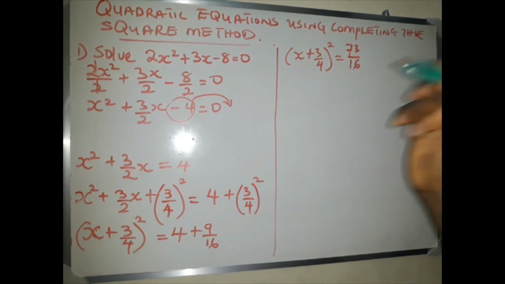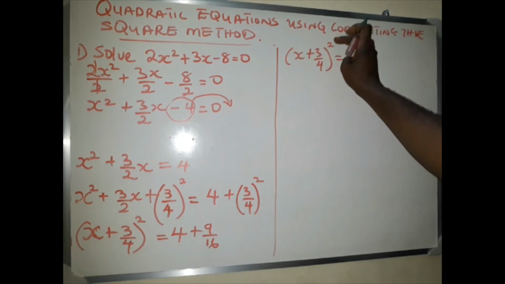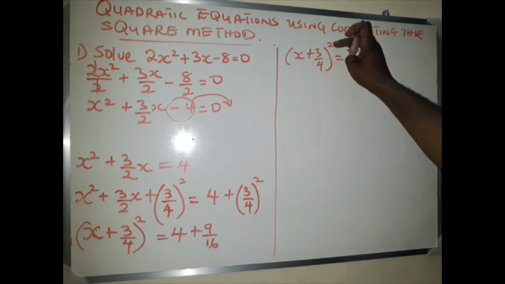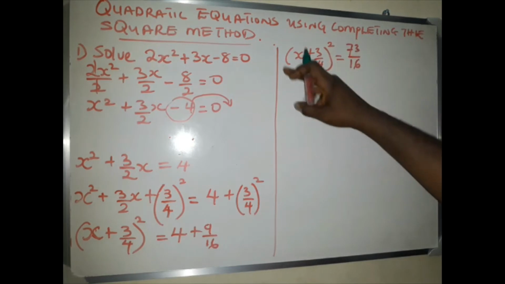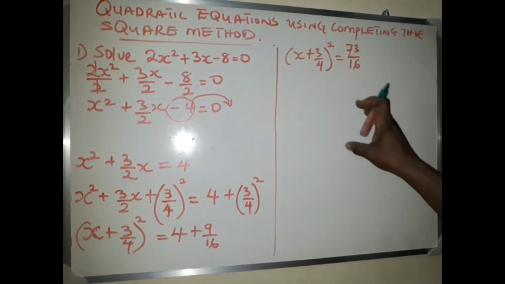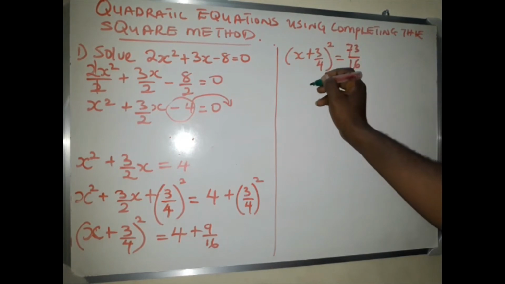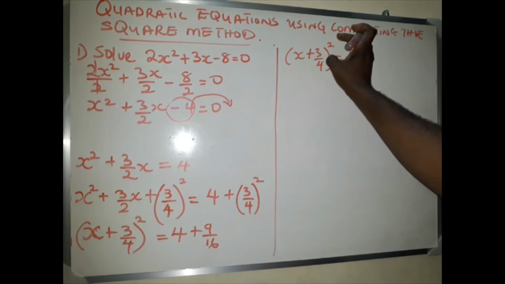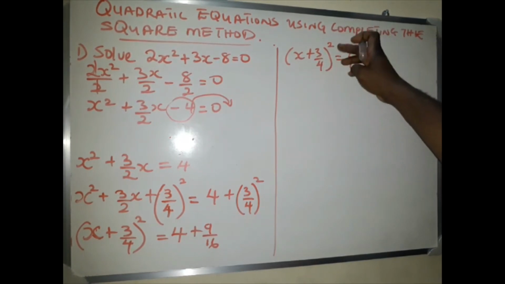Now, the next thing you do after this is to find the square root of both sides, because you want to remove this square. Now, you want to remove this square. So what you're going to do is find the square root of both sides, and of course, you know that if you find the square root of an expression that has a square, it will effectively cancel that square.